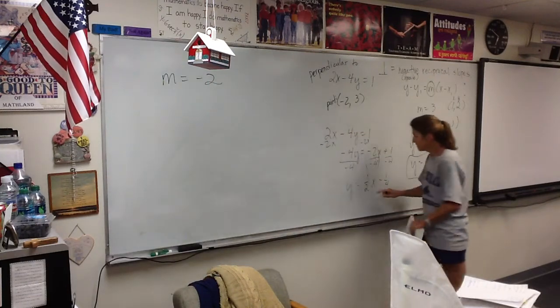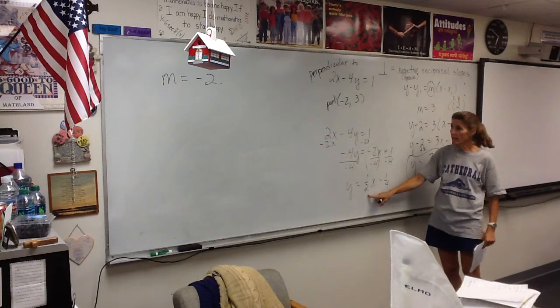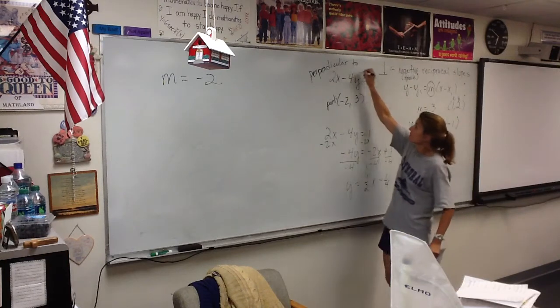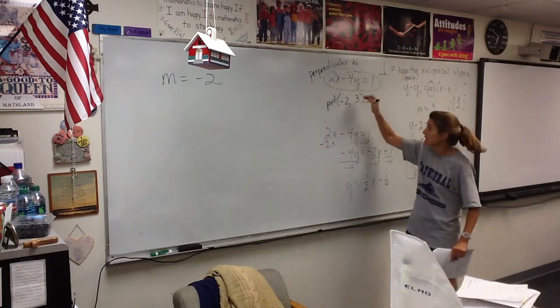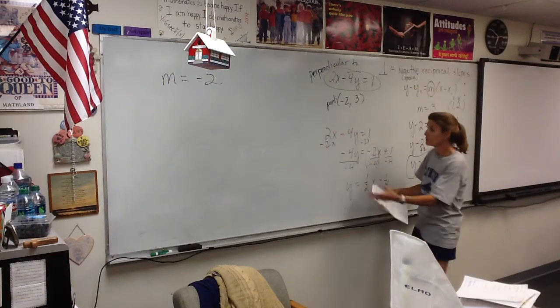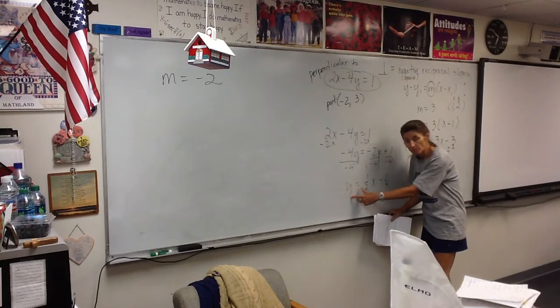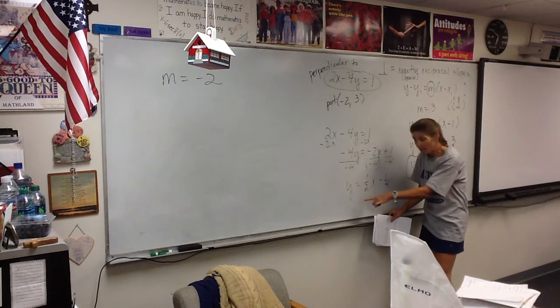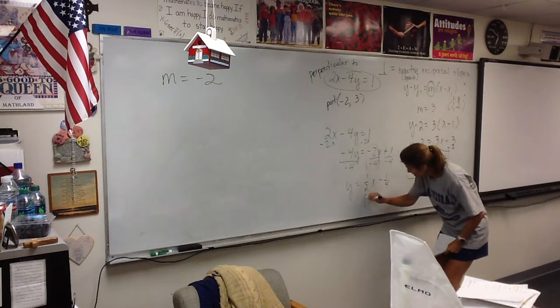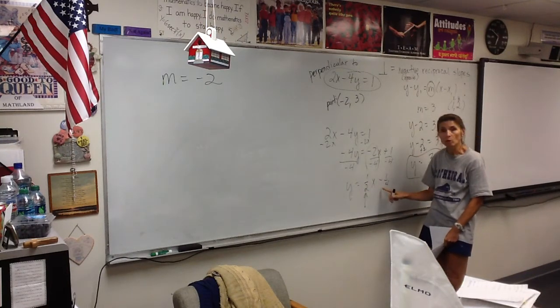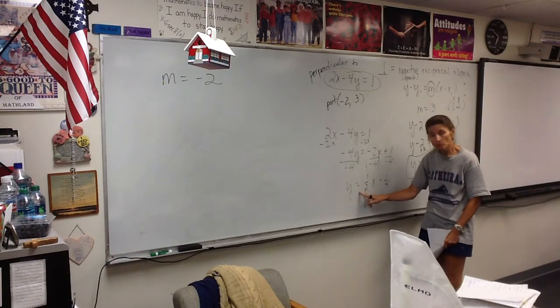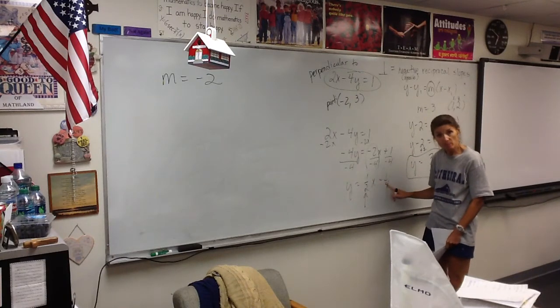The slope of the line we're given is 1/2, and we found that by taking the equation and getting y by itself. We just moved things around and got y by itself. As soon as we got y by itself, we knew this number right here was the slope, because y equals mx plus b.